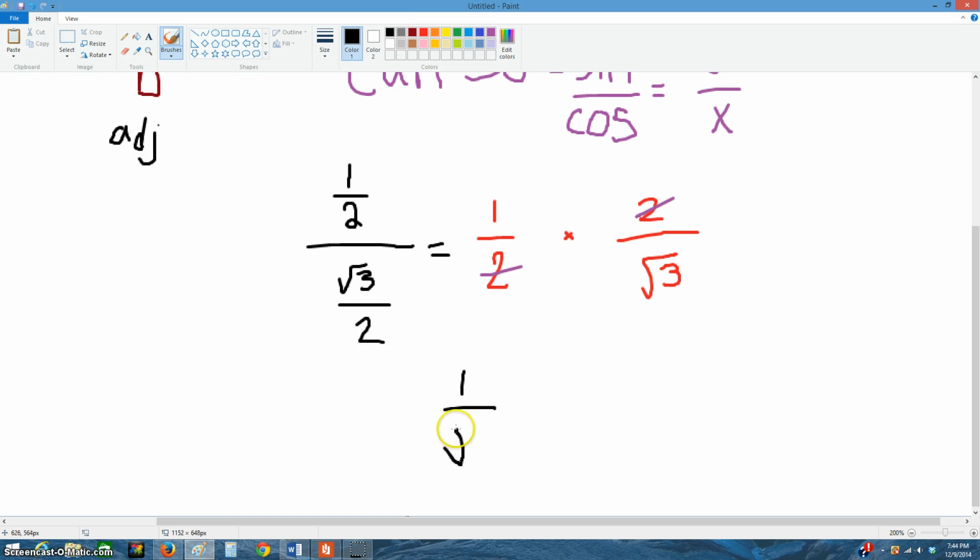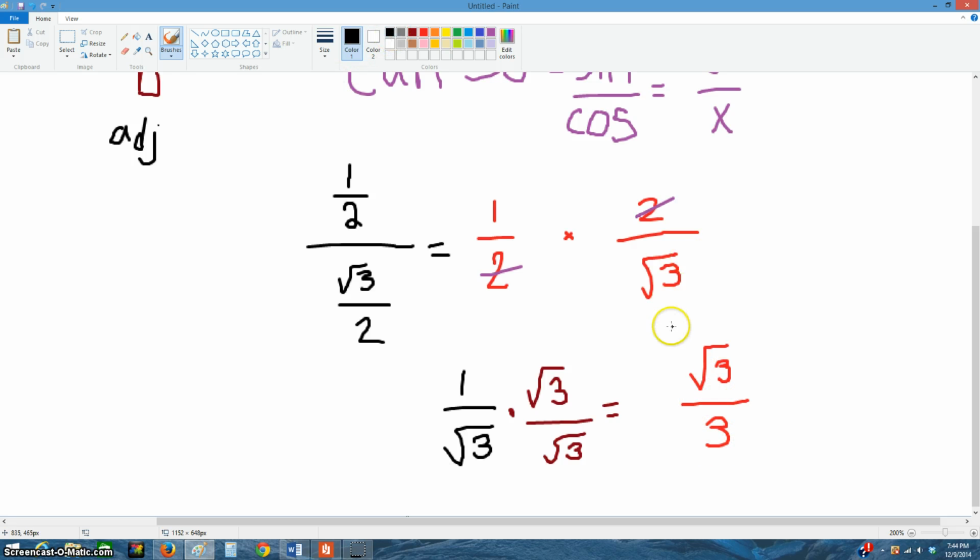radical 3. Or, because it is a computer-generated test, in other words, it rationalizes it, so it multiplies it by radical 3 over radical 3. So you get on the top radical 3, and on the bottom you get just 3.